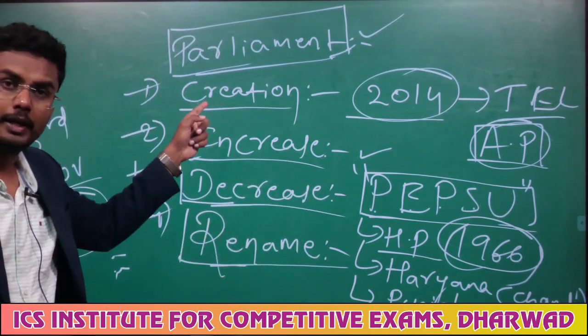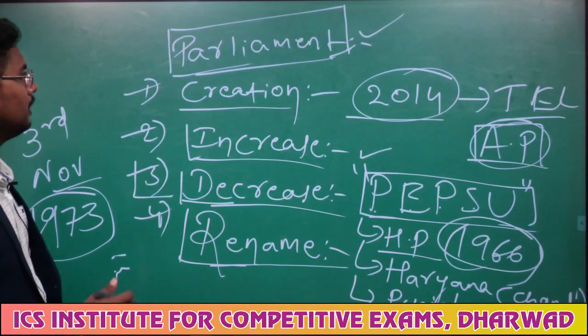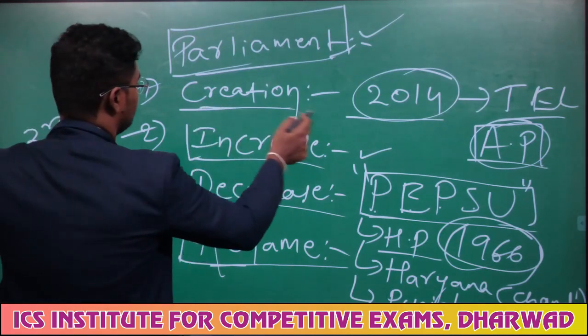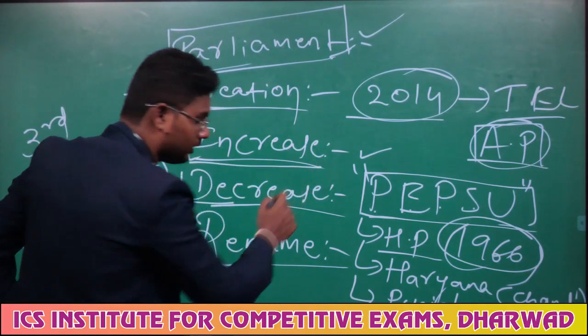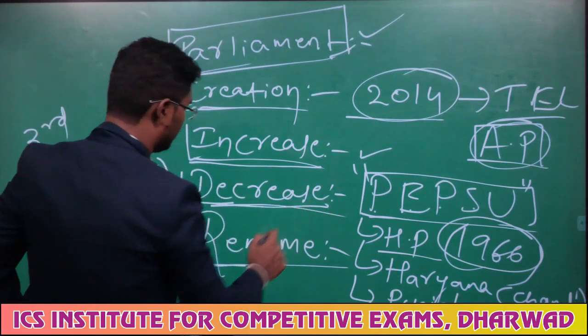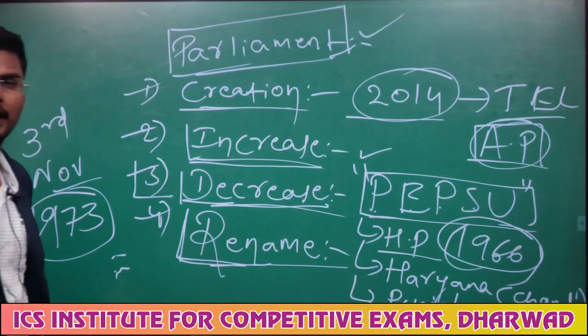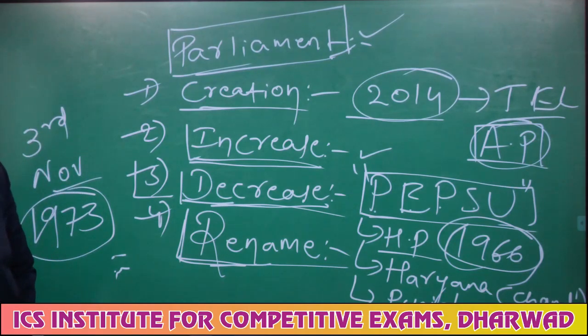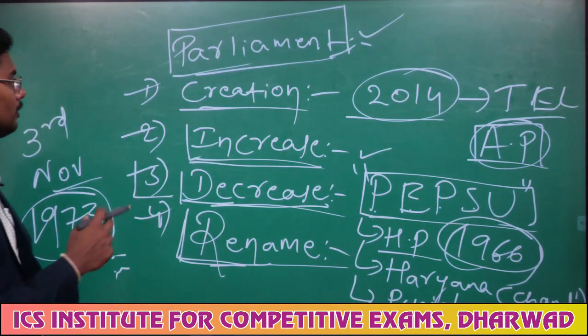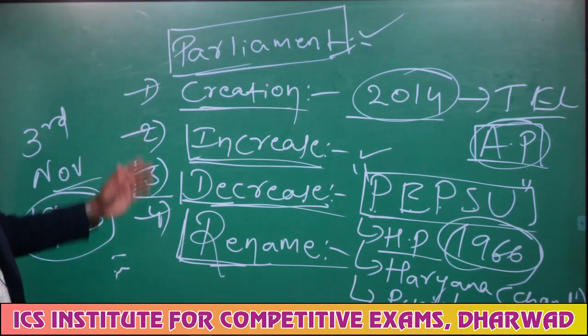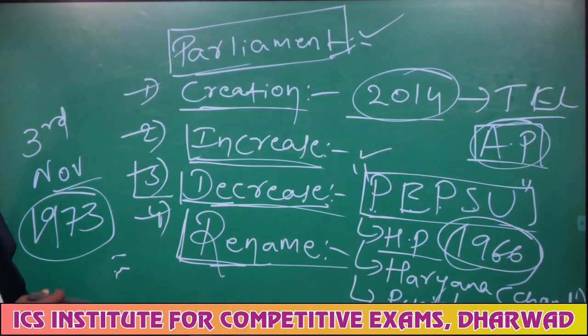It is only Parliament which is empowered to create new states, to increase the area of any state or to decrease the area of any state or even rename any state in the entire territory of India. Apart from Parliament, no one else can ever make changes with respect to these subclauses.